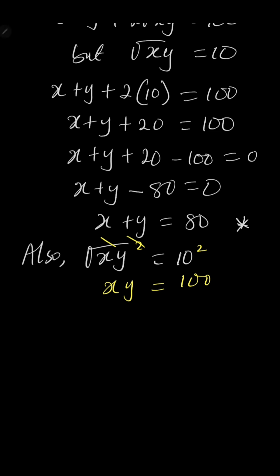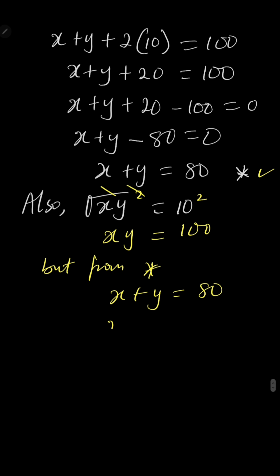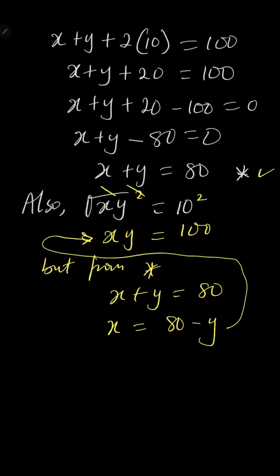Now, from star, this equation here, we have that x plus y is equal to 80, meaning that x is equal to 80 minus y. So let us put 80 minus y for x in this equation here. So seeing x, I will put 80 minus y multiplied by y equal to 100.